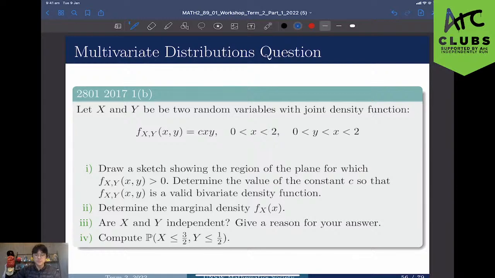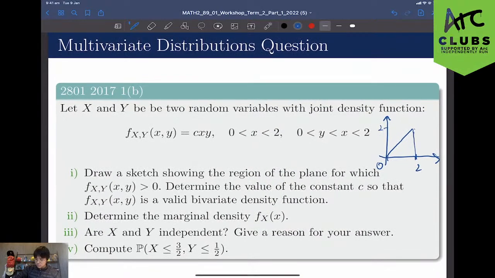First, we're just going to map out what the domain gives us. Everything is in positive x and y. So x is between 0 and 2, and y is less than x, so that's 2. So y is going to be in this region.